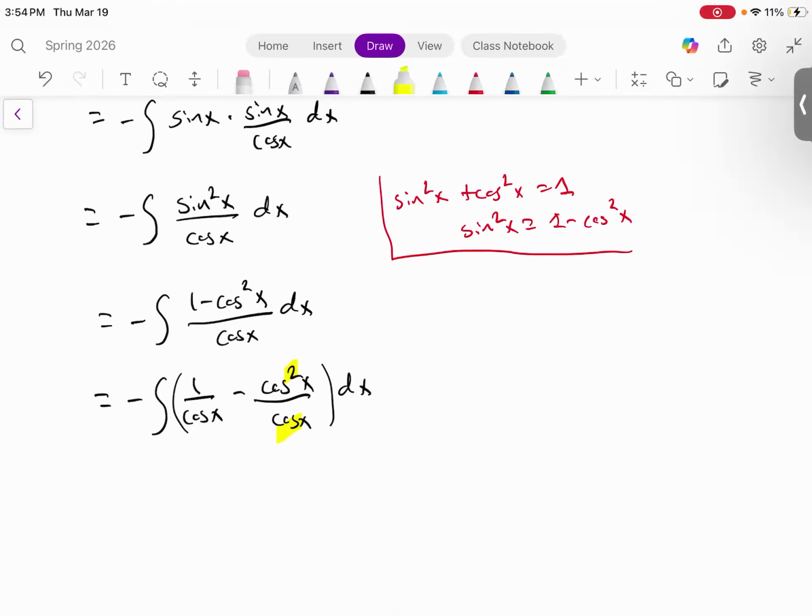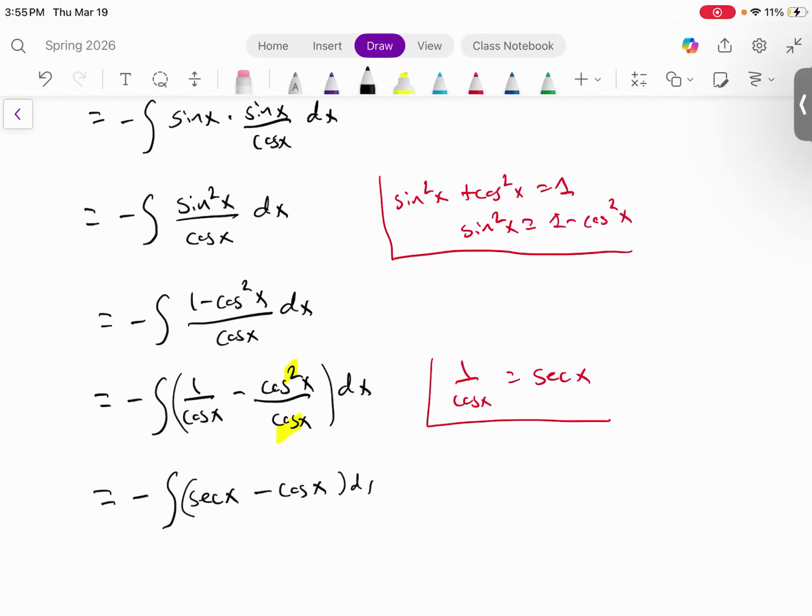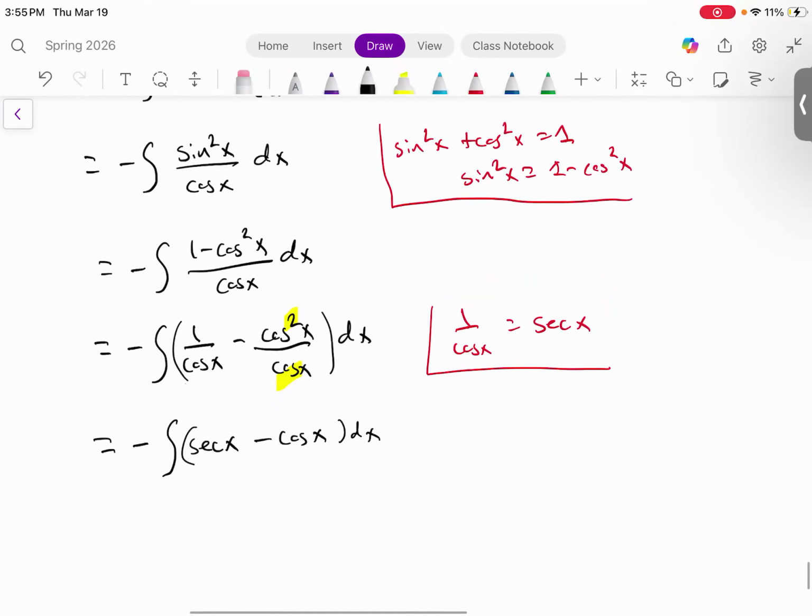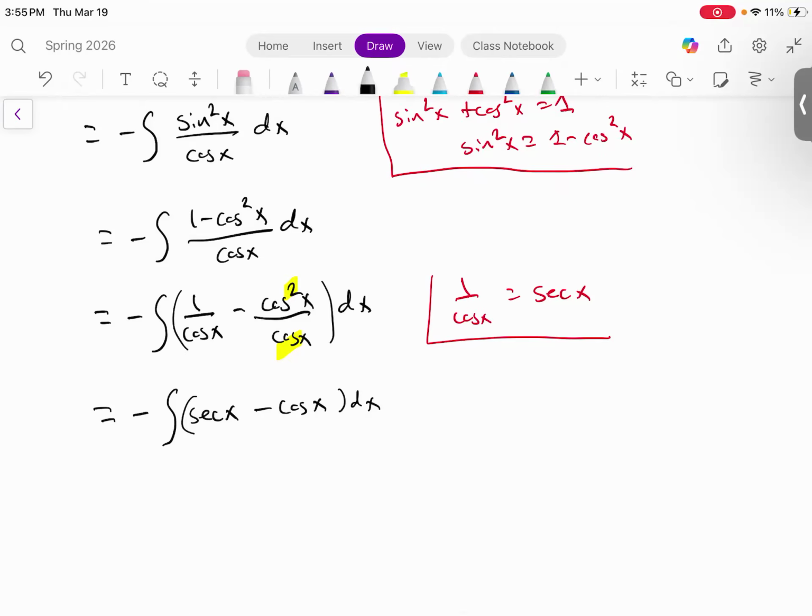And I could rewrite 1 over cosine to be secant x. And so my integral becomes secant x minus cosine x dx.